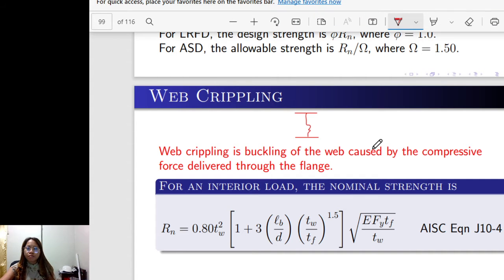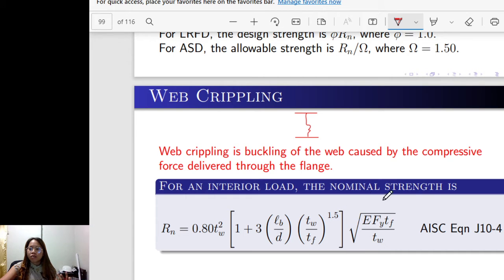So this is the cripple part, the web crippling. For interior load, the nominal strength is this long equation. R sub n, the nominal strength, is equal to 0.8 times the thickness of the web squared times the quantity 1 plus 3 times the ratio of the bearing length over d, where d is the depth of, for example, the wide flange, times the thickness of the web over the flange thickness to the power of 1.5.